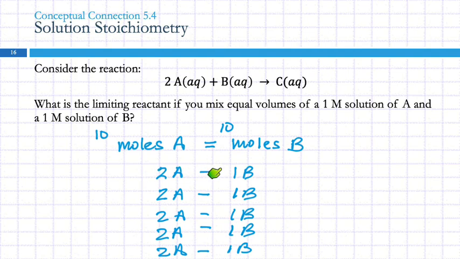Every 2 moles of this used up 1. So I've only used up 5 moles of the B. So the limiting reactant then is going to be A. I don't usually ask questions like that on an exam, but those are good questions to answer because it helps you know if you have a decent idea of what's going on or not.